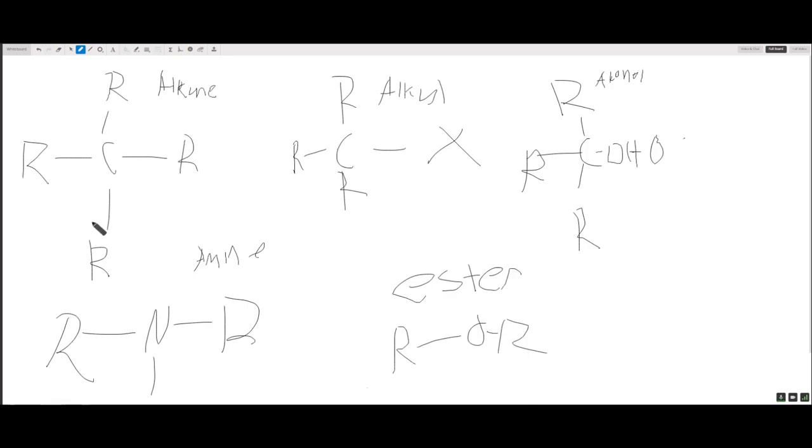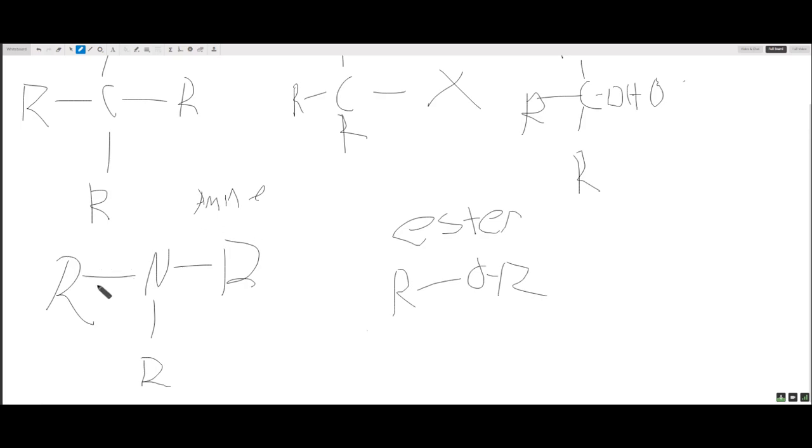So alkanes, single bonded carbon to another carbon. Alkyl halide, single bonded halide to a carbon. Alcohol, single bonded OH group to a carbon. And amine, single bonded nitrogen to a bunch of carbons. Ester, single bonded oxygen to two carbons.